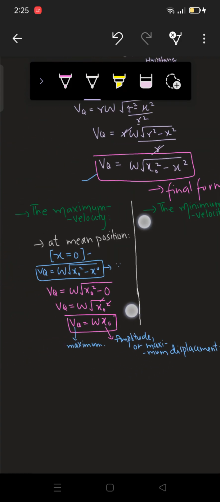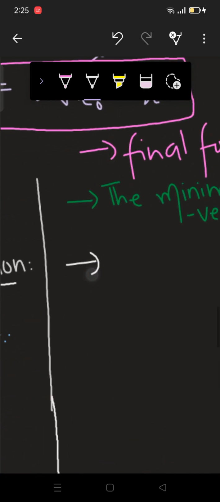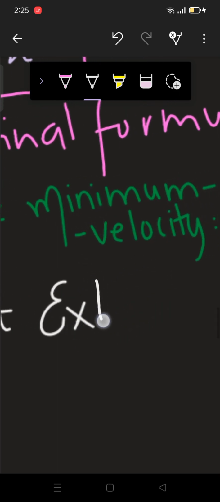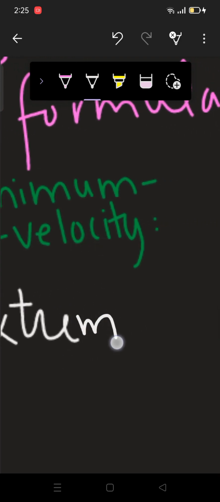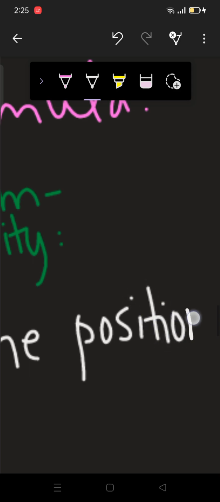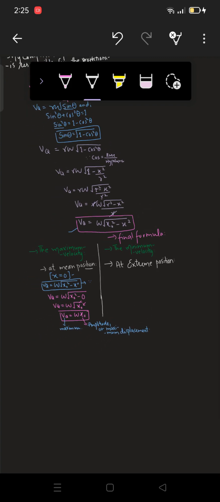Now let's see what would be the minimum velocity, and where we're gonna find it. At the mean position we had our maximum velocity, which means at the extreme position we're gonna find our minimum velocity. We had maximum displacement at the extreme position and minimum displacement at the mean position, but here we have vice versa, since we are talking about velocity.